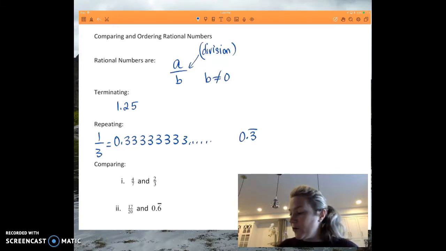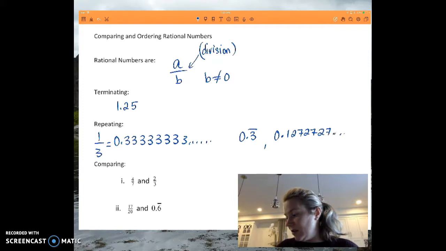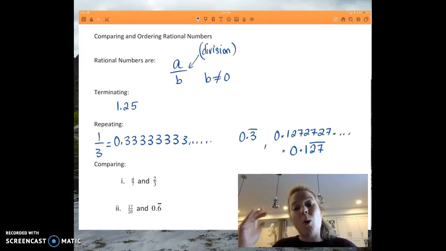So for example, if we have something like 0.1272727 repeating, we would write that 0.127, and the bar would go across the 2 and the 7. The bar at the top only goes on the numbers that are actually repeating.